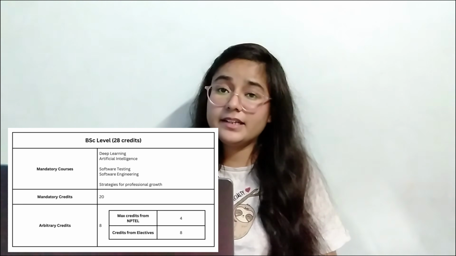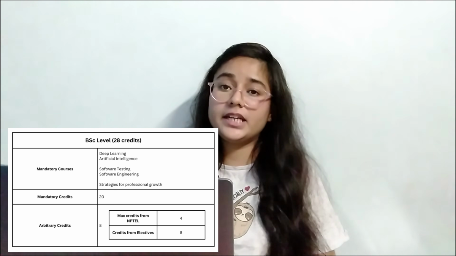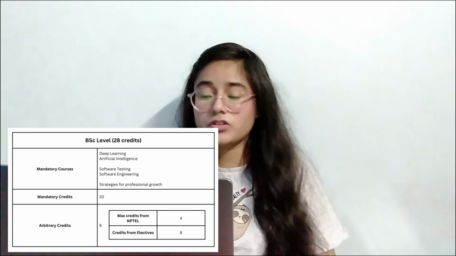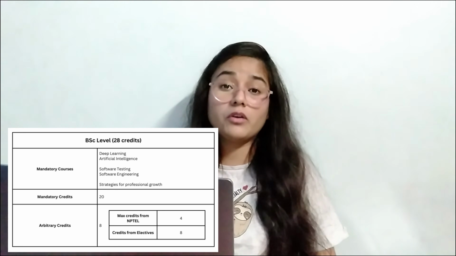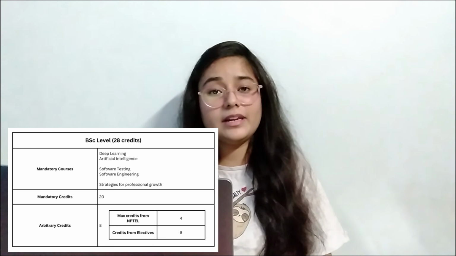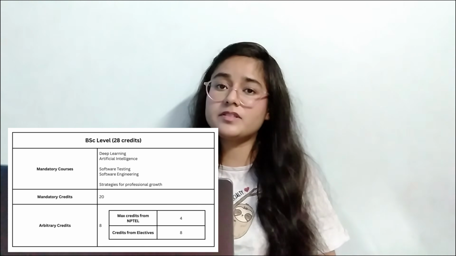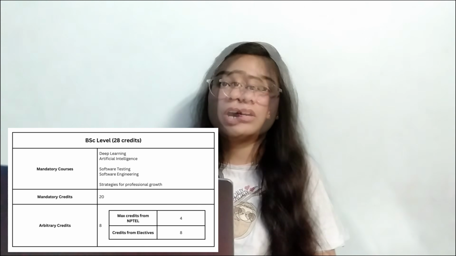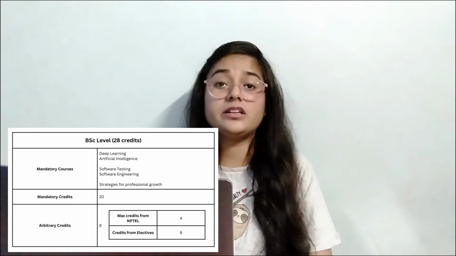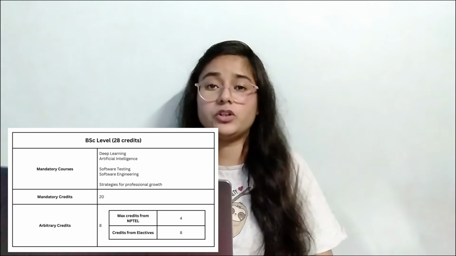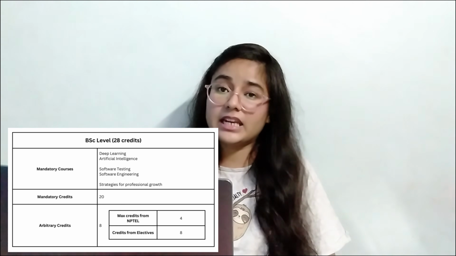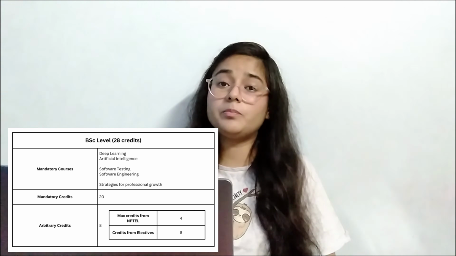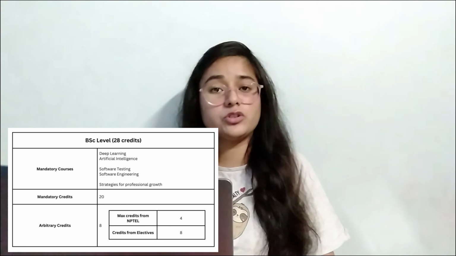For the remaining 8 credits, you can either take a maximum of 4 credits from NPTEL, or you can take the whole 8 credits from the electives that IITM provides. So that's how you will complete 7 4-credit courses in your BSc level. And if you want to take up the NPTEL credits, it is your choice.